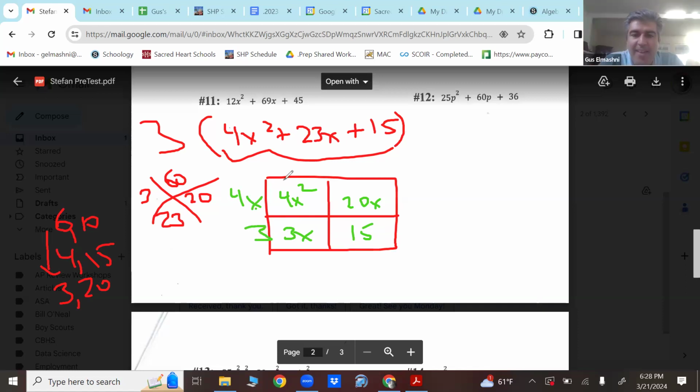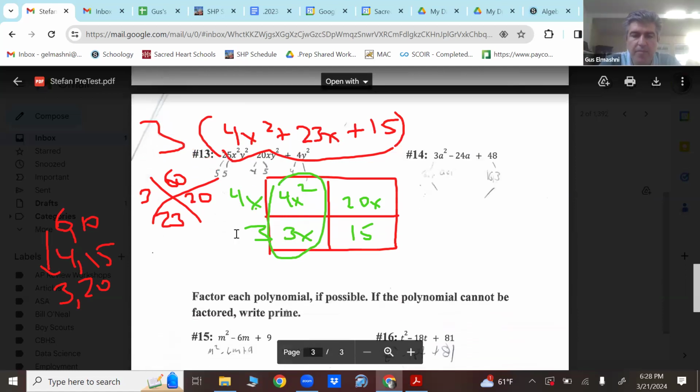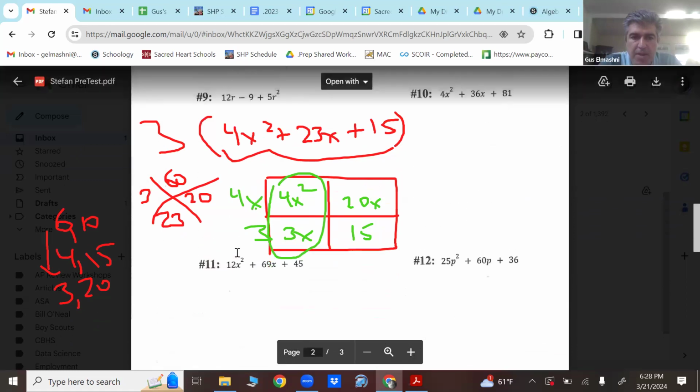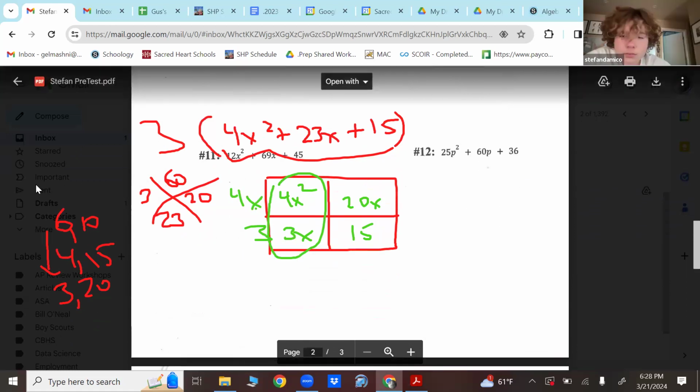Okay. Then look at the first column. What do we have in common in the first column? X. Good. Now the second column.